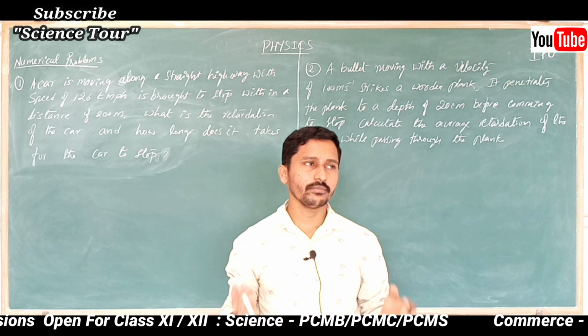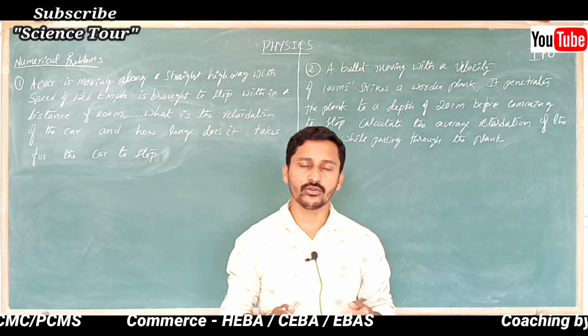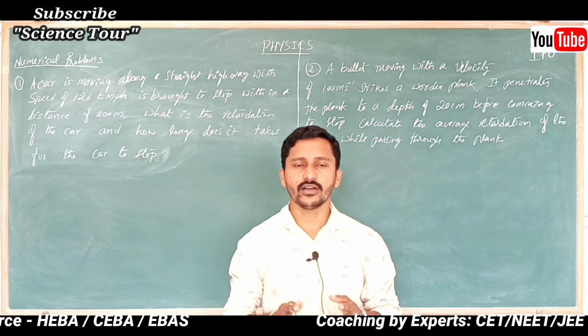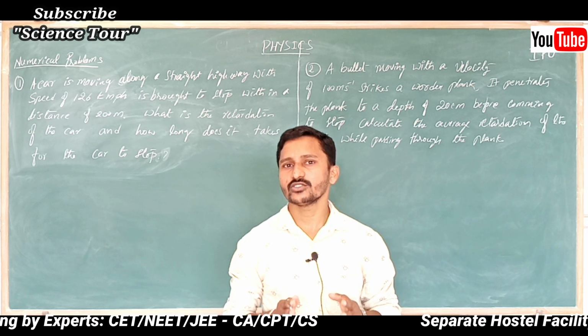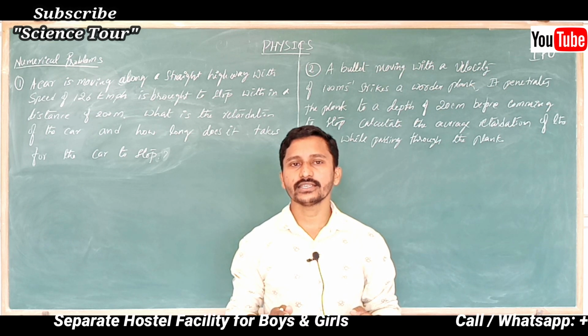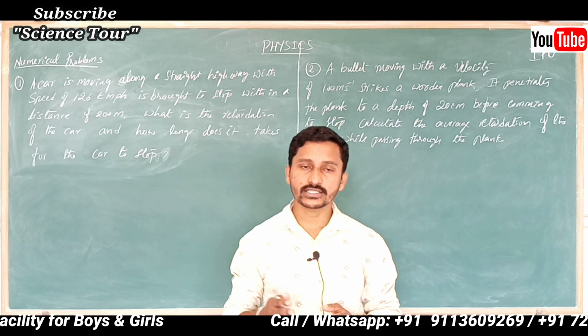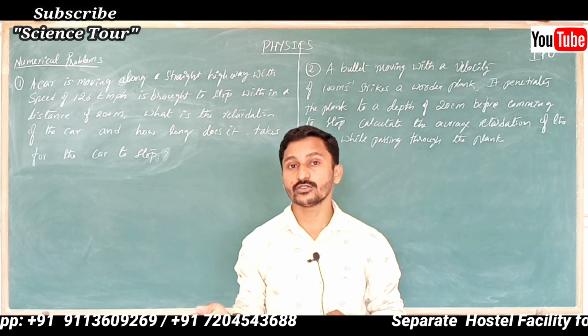So what do you mean by retardation? What do you mean by stopping distance? Stopping distance, we know, is this: if a vehicle applies the brake, it is not going to stop suddenly. It will take some time. So what is that time? In that time, what is the distance it has traveled to stop?